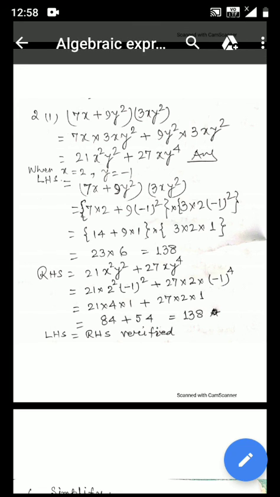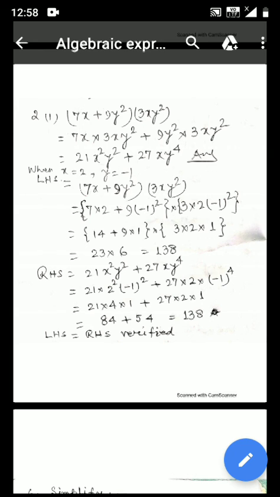So 21 multiply 2 square is 4, minus 1 whole square is 1. 27 into 2, minus 1 raised to the power 4 equal to plus 1. So 21 fours are 84 and 27 twos are 54. 84 plus 54 equal to 138. Therefore, LHS equal to RHS verified. So your answer is correct.